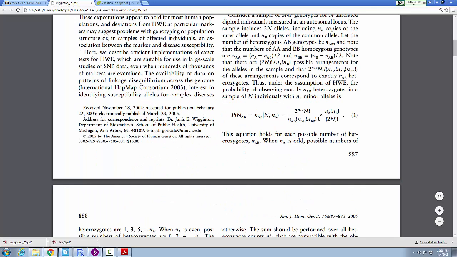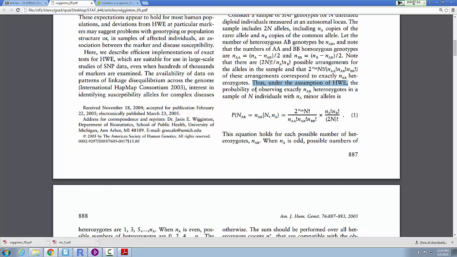This is the formula that you're going to have to evaluate. The probability of seeing a certain number of heterozygotes, given the number of individuals and the number of homozygous recessive individuals, can be computed assuming Hardy-Weinberg equilibrium holds, assuming that there's no outside pressures.